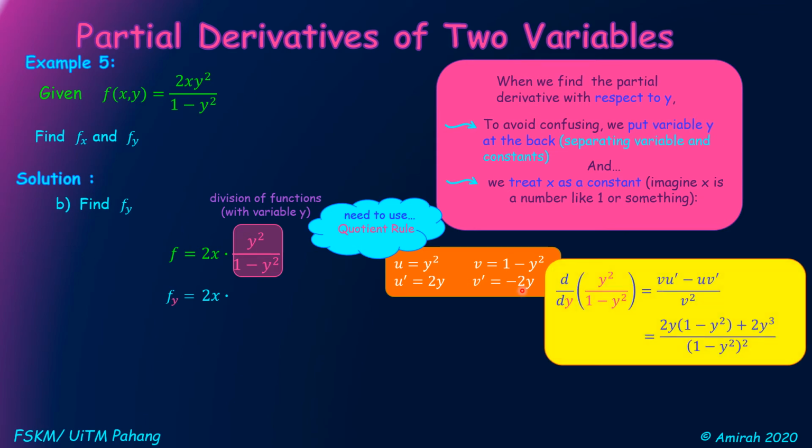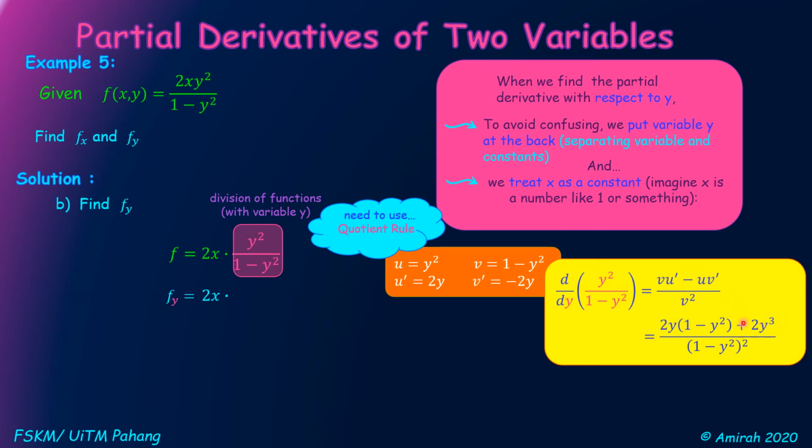After that, we substitute into the quotient rule formula. So when we differentiate y squared over 1 minus y squared with respect to y using the quotient rule, v u prime minus u v prime over v squared. So we have v times u prime, so we cross multiply here. We get 2y times 1 minus y squared, and then minus. We have minus here, so minus means plus, and we get 2y times y squared equals 2y cubed.